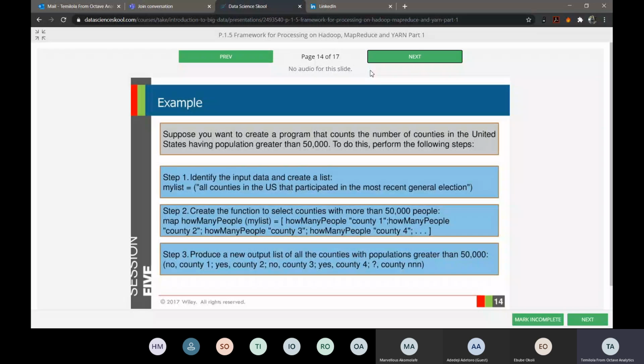Let's say we want to create a program that counts the number of counties in the United States having a population greater than 50,000. Let me try to rephrase this question so it wouldn't get us confused.